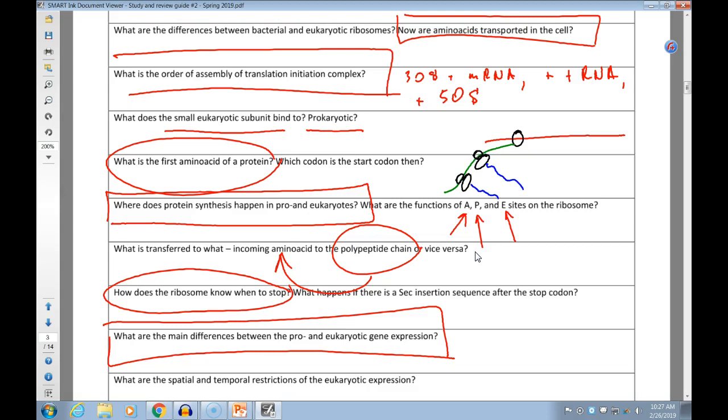In eukaryotes, transcription and translation are separated both in time and in space. Finally, in eukaryotes, each gene is transcribed as a single mRNA, and we call this monocistronic RNA. In bacteria, several genes can be transcribed as one large mRNA molecule, and we call such an mRNA molecule polycistronic. Are we clear?